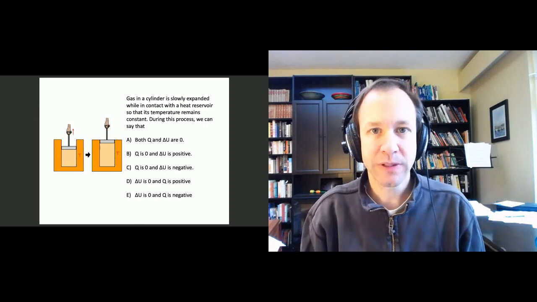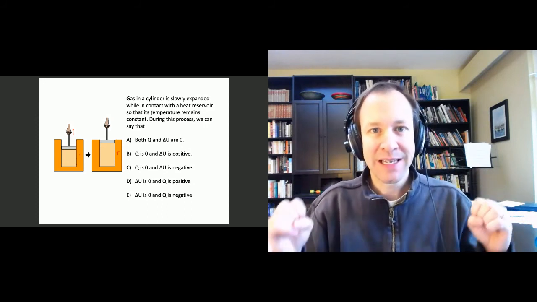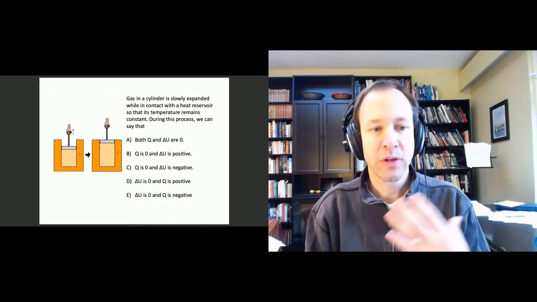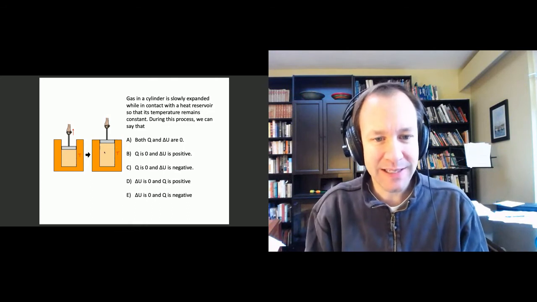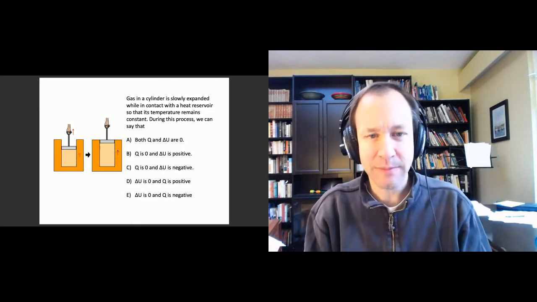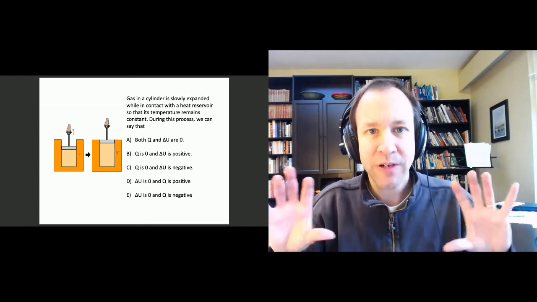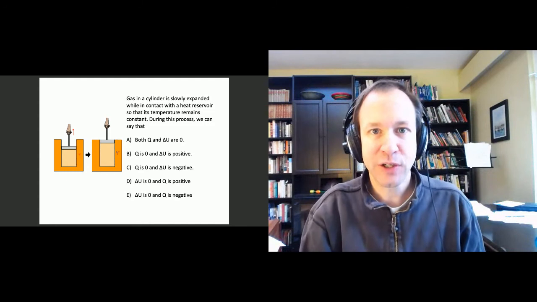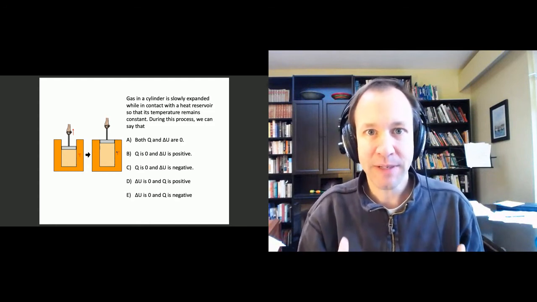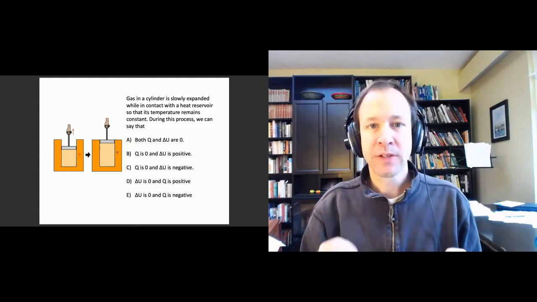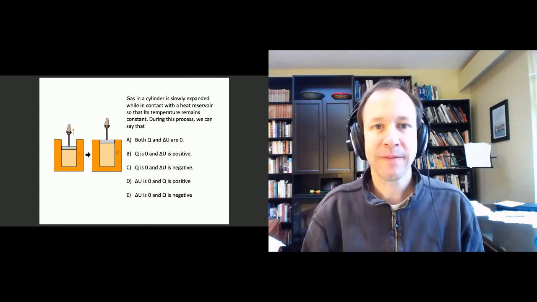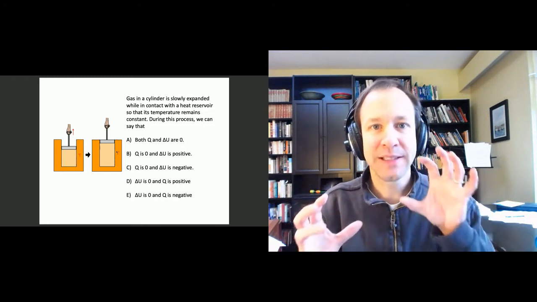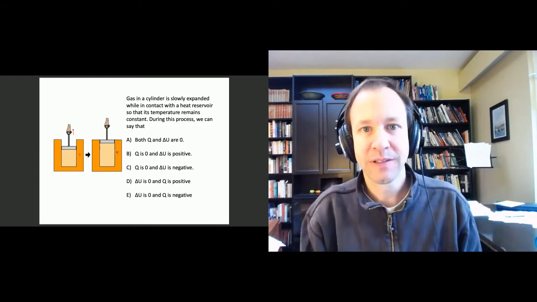What about Q? Q is something that it's sometimes hard for us to understand. In this process, is there heat going into the gas or out of the gas, or is there no heat being transferred? I would always recommend thinking about what the first law of thermodynamics tells you in a situation where you're not sure about what's happening with Q. In this case, when delta U is equal to zero, the first law says that Q is equal to W. Okay.